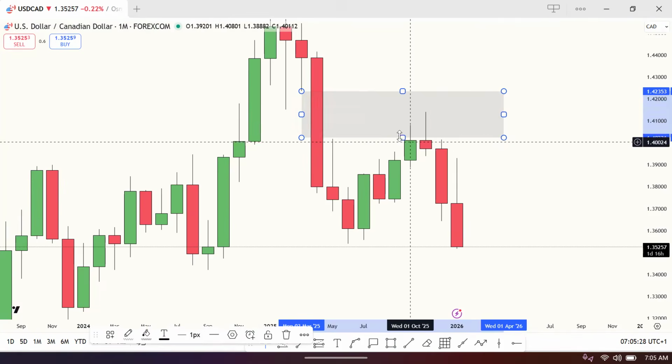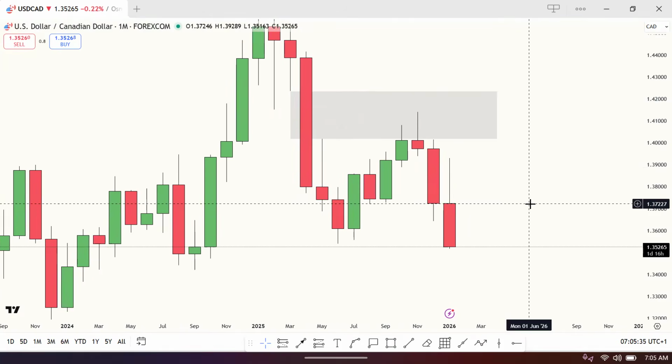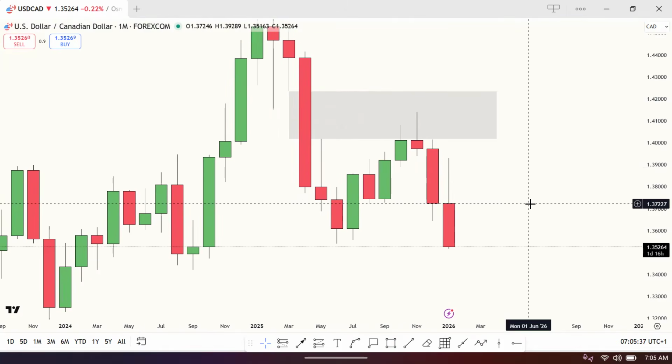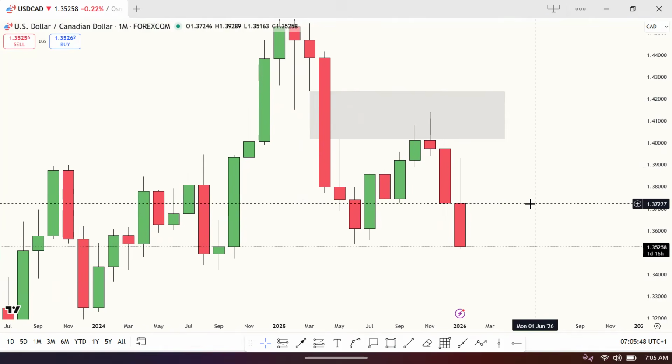So just to build a proper context, I do not ignore PDRAs. I also consider PDRAs, but I use PDRAs as confluences, or let's say I use them to complement my bias or my expectation from price. Right?